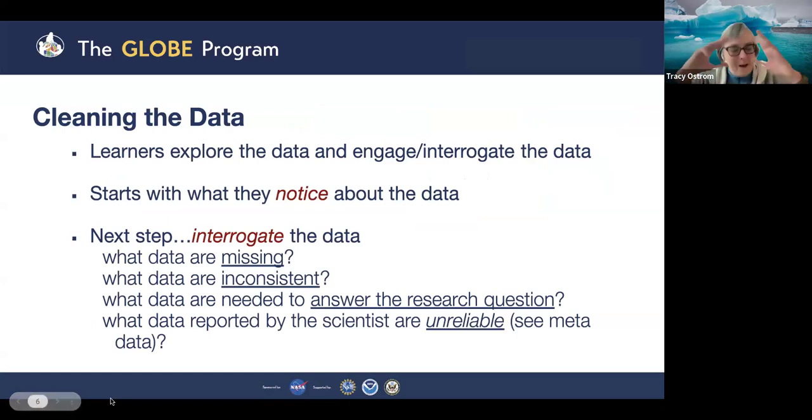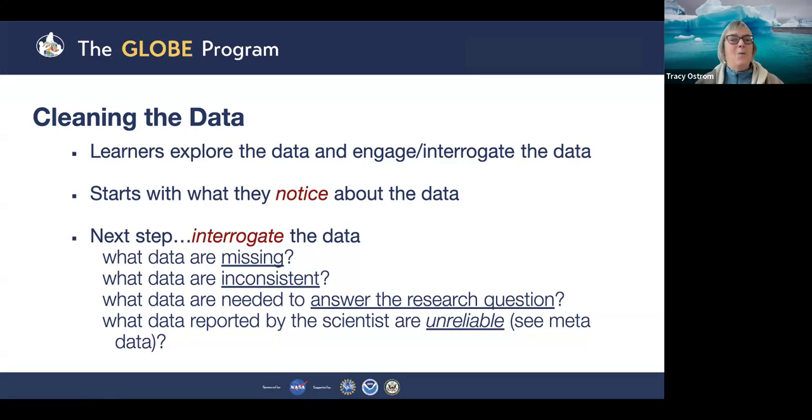So this is my big thing with cleaning data. We really want to engage our learners in really diving into this data and asking questions about the data. So we'll start out by asking what they notice about the data, and we'll do that with our examples today. And then we want them to interrogate the data.